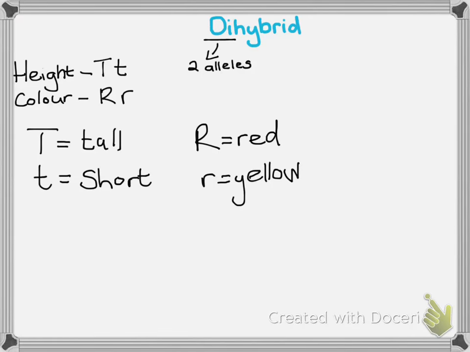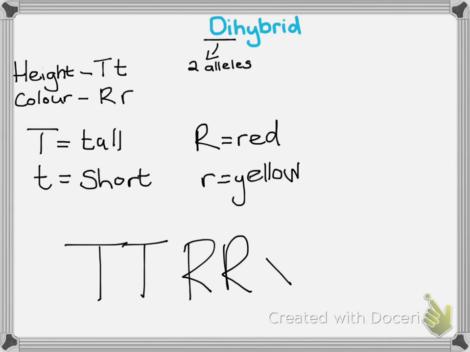Well, we're going to start off with the P1 generation, and it's going to be a purebred generation in that our parents are going to have a set of alleles that have a homozygous appearance, just like that.